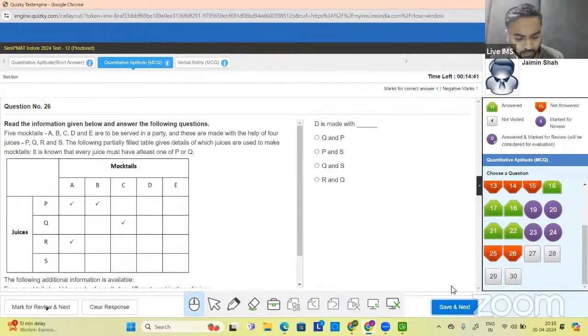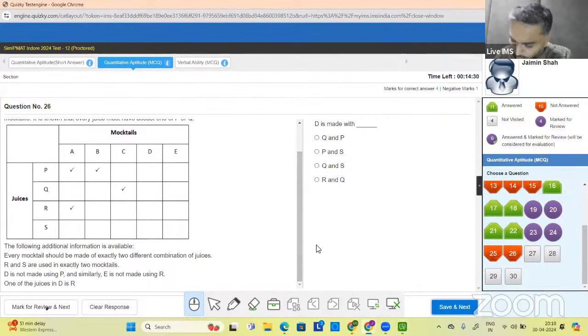It is known that at least one of P or Q, okay, we need to use at least one of P or Q. The following additional information is available. Every mocktail should be made of exactly two different juices.